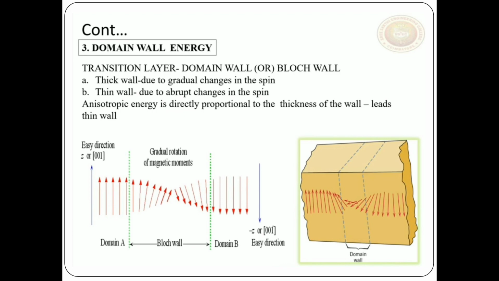The anisotropy energy is directly proportional to the wall thickness, leading to a thin wall. That is, a thick wall is due to the gradual change of spin, but in the case of a thin wall, the spin changes abruptly.